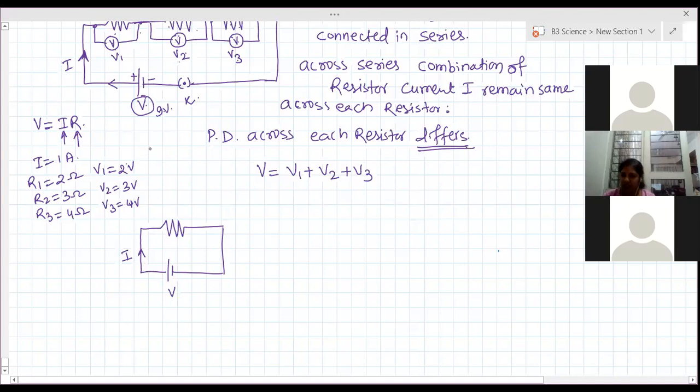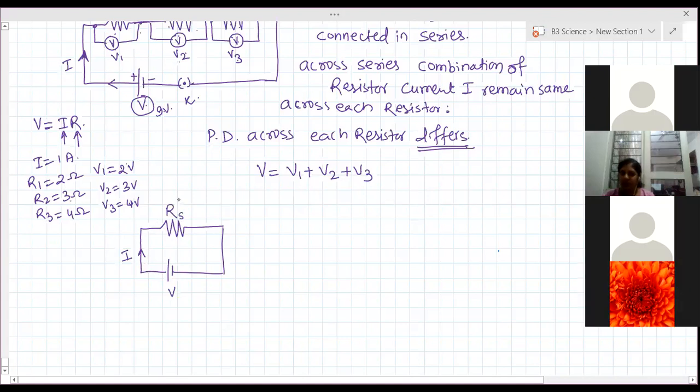So all the 3 resistors of 2, 3, and 4 ohm are providing some value of resistance. Whatever total resistance they provide, this is that value. We will consider that as RS. Able to understand what RS is? Both circuits are the same.